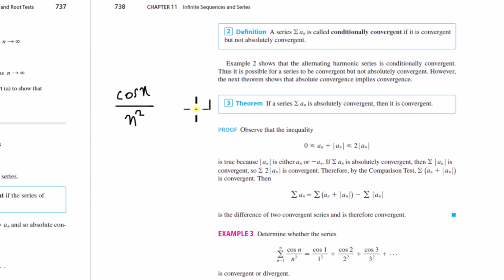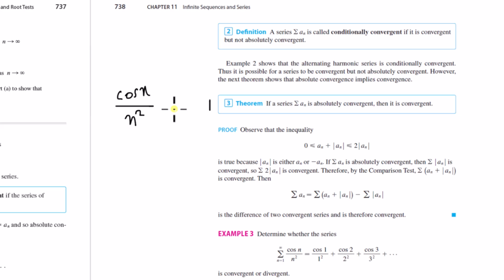It doesn't matter. Any series that has negative and positive terms, you can just take the absolute value of the sequence formula, and then evaluate that as a series where all the terms are going to be positive, right? And so in that case, you can use the integral test, the comparison test, because the terms are always positive, right? And if that series is convergent, then you know the original series is convergent.